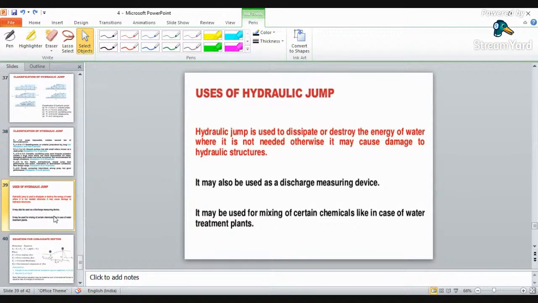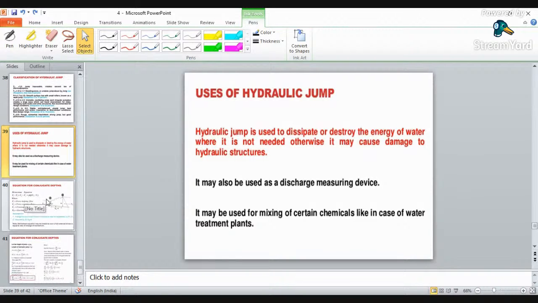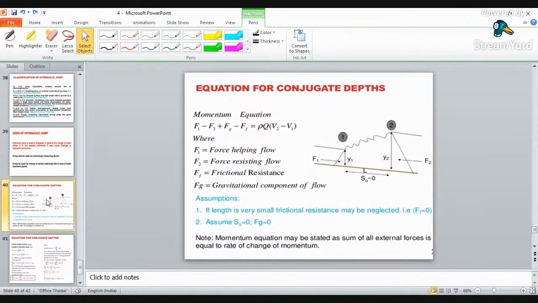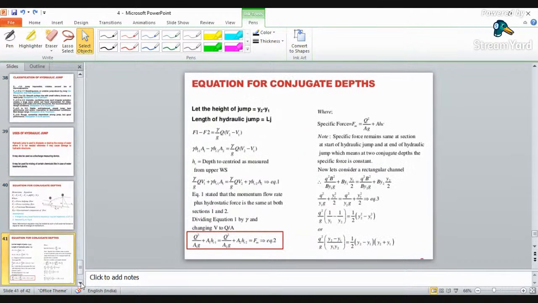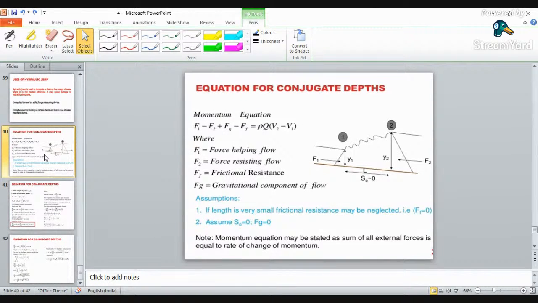Then if you have to measure the discharge out of that channel, in that case also a hydraulic jump is useful. Then if you have to add a few chemicals or other types of admixtures into the water, again a hydraulic jump is useful. At treatment plants, at sewer plants, where you have to treat water, a hydraulic jump is again useful. Okay, so there is an equation to find the hydraulic jump.